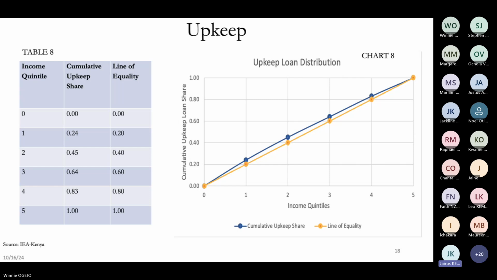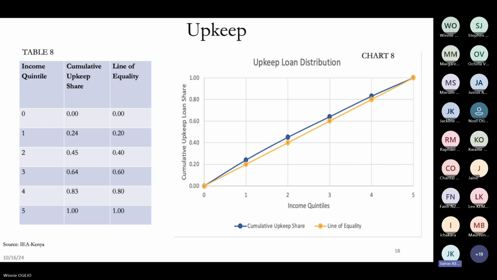Now, for these 5 bands that were identified, the amount ranges from 40 to 60,000. The higher income groups, that's band 5, students in band 5 received 40,000, and then we have an increase of 5,000 as you go up the bands, meaning we have 60,000 for students in band 1.